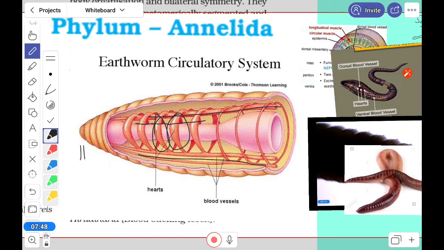This heart is a very primitive loop heart. It looks like a loop here, which connects the dorsal and the ventral blood vessels. So it pumps, so it is considered as a heart.